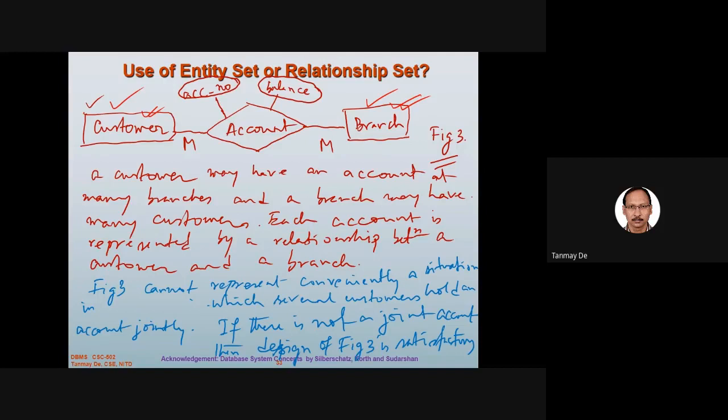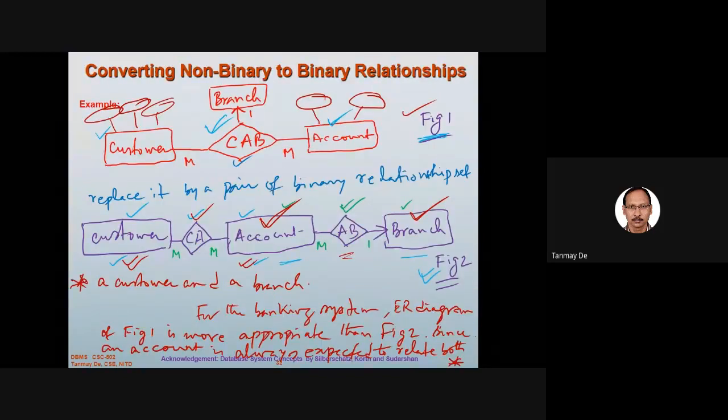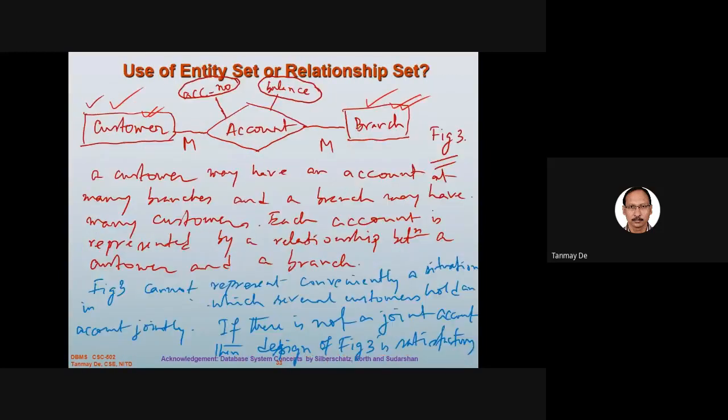That means customer and branch are associated through account. Without account, what is the problem in figure 2? There may be a customer and account associated, but the account is not associated with the branch. Here, no such problem is there. The customer is associated with the branch through an account number; without an account number it is not possible.